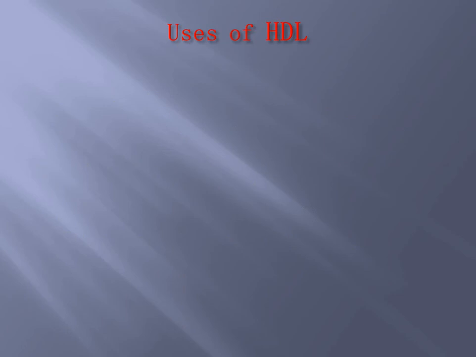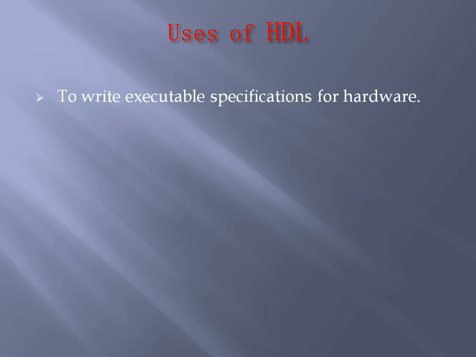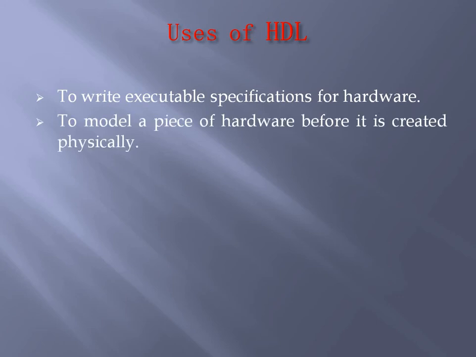Now what are the uses of HDL? The first use of HDL is to write executable specifications for hardware, and the next use is to model a piece of hardware before it is created physically. As I just said, before the actual implementation of the hardware, we do it on the PLD.